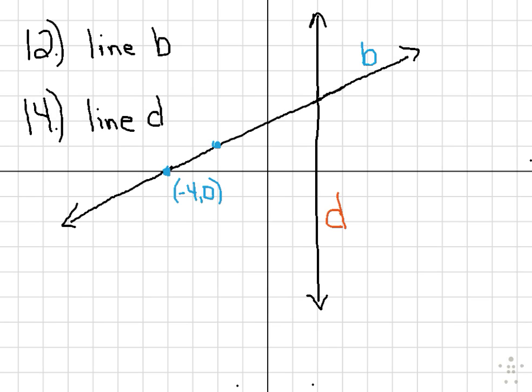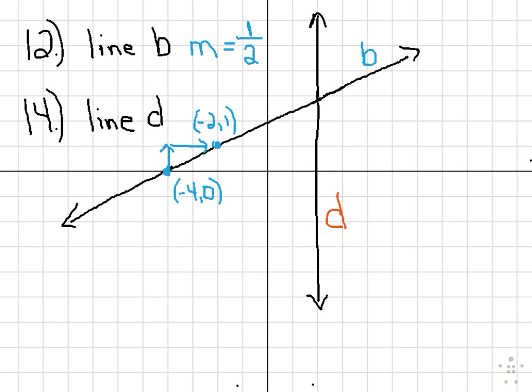And I also see a point right there, that is (-2, 1). Now you could use your change in y's, y2 minus y1, over your change in x's, x2 minus x1, or whenever I simply have a graph, a picture, I just count, because slope is equal to rise over run. So I'm going to rise 1 and run 2.